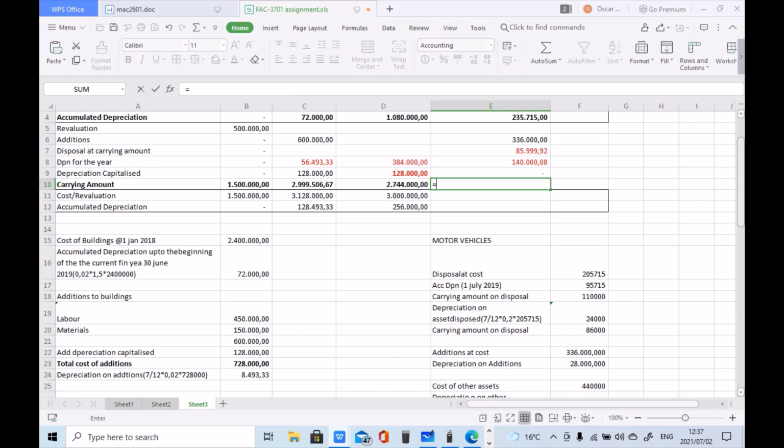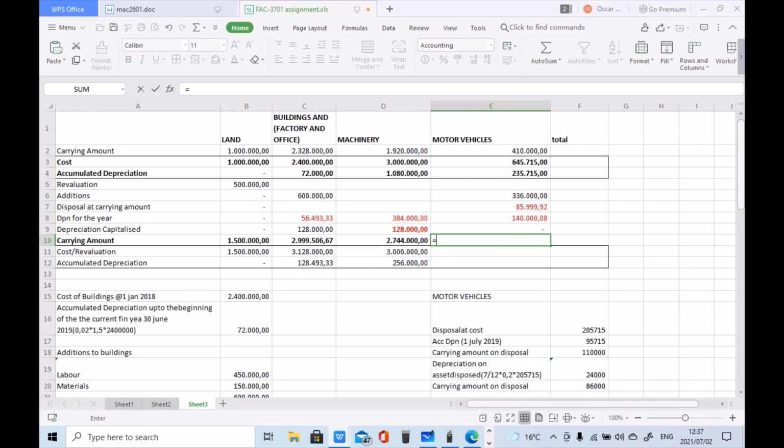Your carrying amount at the end is now going to be your carrying amount at the beginning, which is 410, plus additions, minus your disposals at carrying amount, and then minus your depreciation, which gives you that amount.